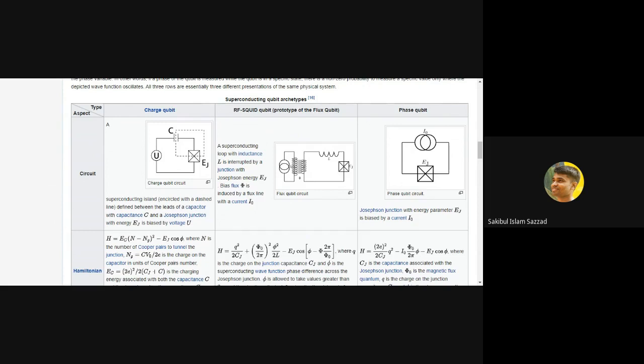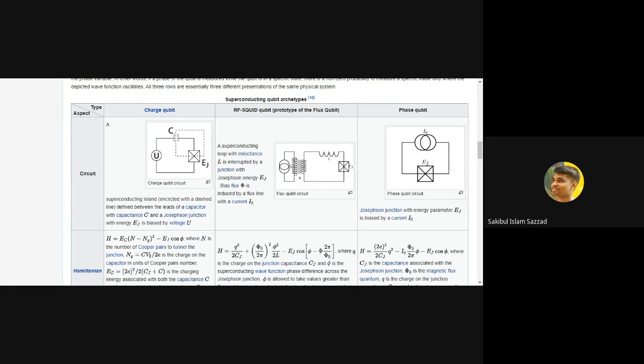When it finds the non-superconducting material, that is the energy barrier. It should not go through at the classical level, but this is quantum, so it will go through the non-superconducting material and we will find the electron on the other side. So basically it is a sandwich of superconductor, non-superconductor, and then superconductor. That's the Josephson junction.